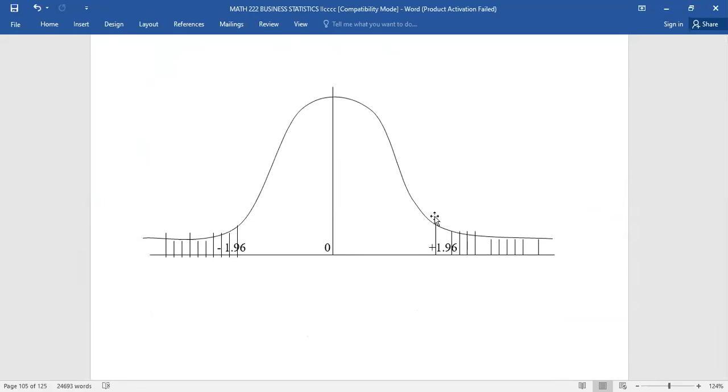Are we together? So we are talking of this region. Is it outside or inside? Negative 11 is way too far from negative 1.96, and positive 11 is way too far from 1.96.